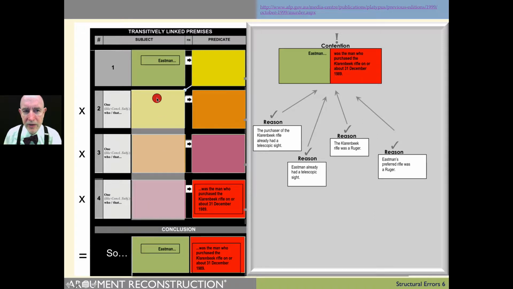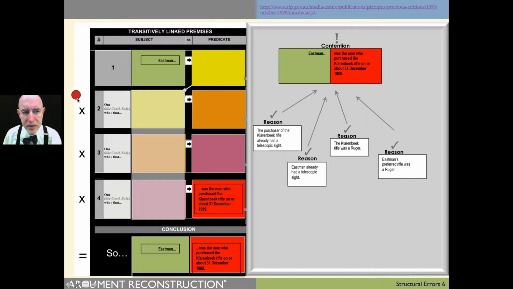And then of course we have to separate the main conclusion so that the first premise begins with the subject phrase of the conclusion, and the predicate phrase of the last premise is the predicate phrase of the conclusion.